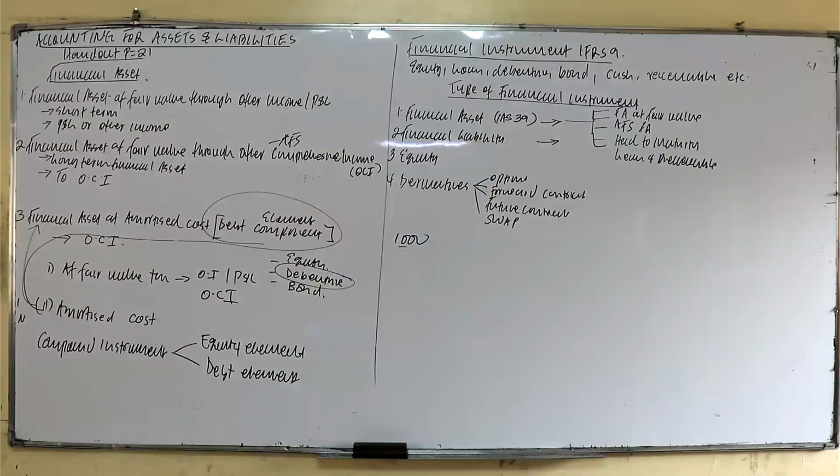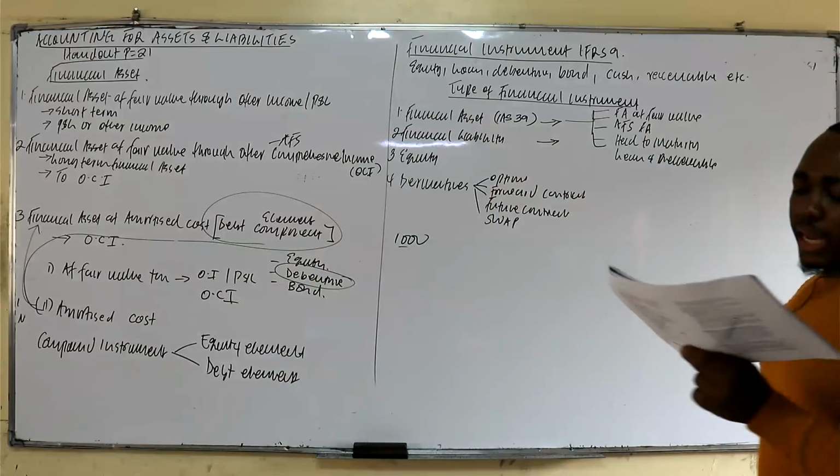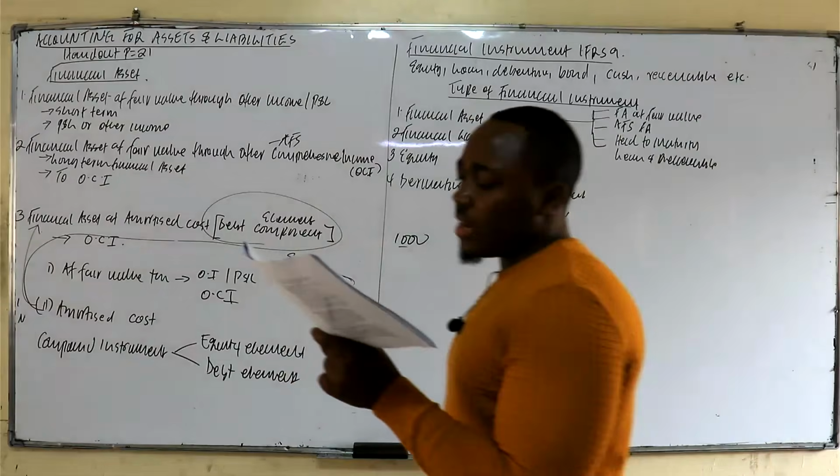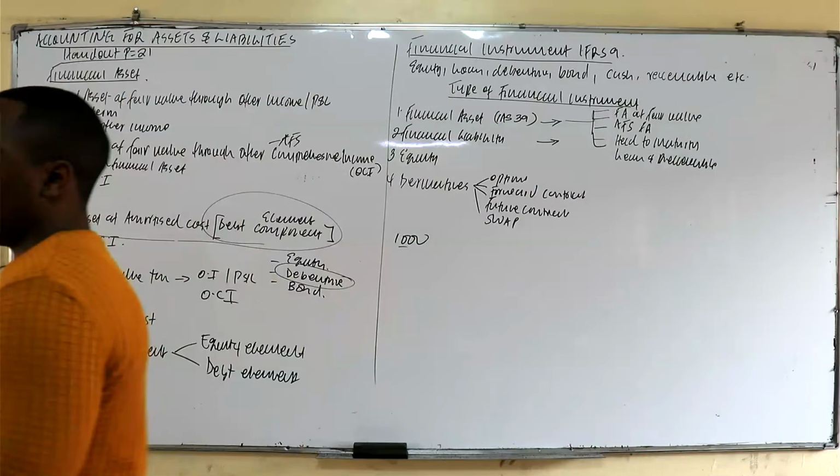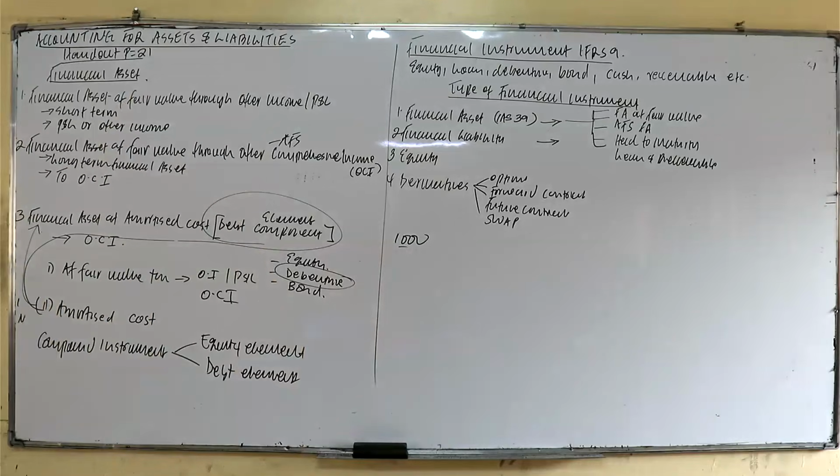Then if this is not the case, such as the financial asset being held and then traded to take advantage of changes in fair value, then the test is failed.